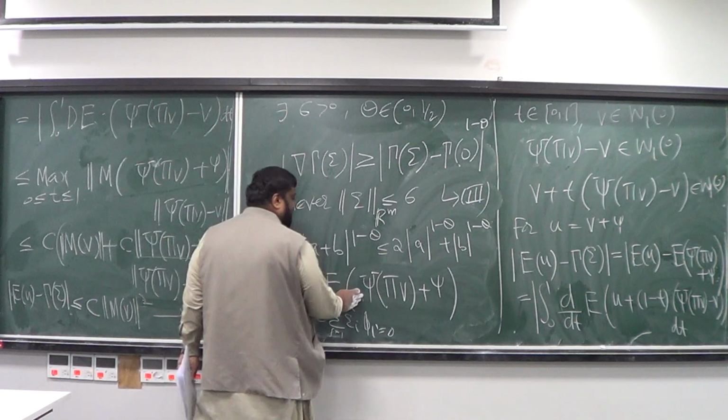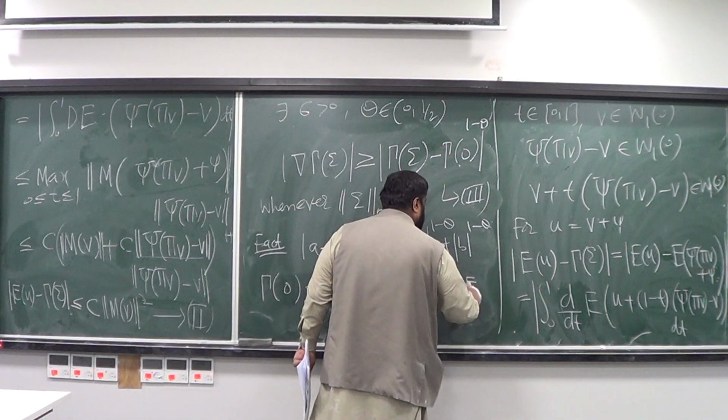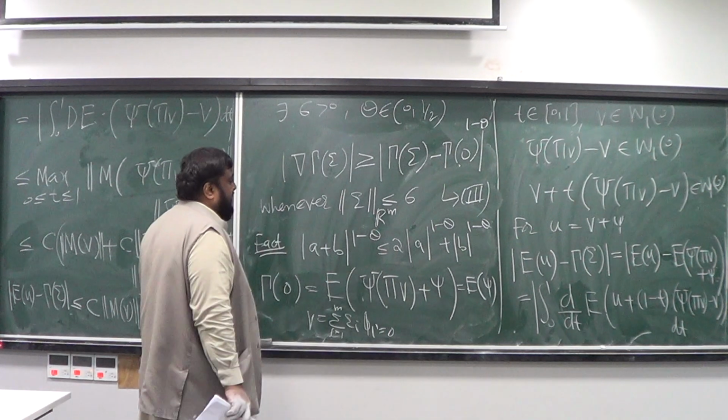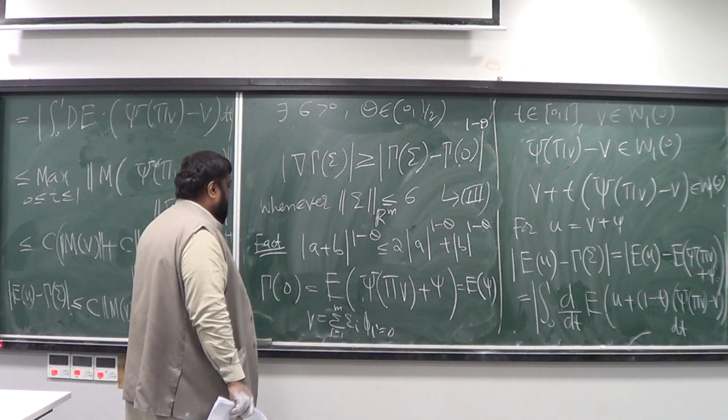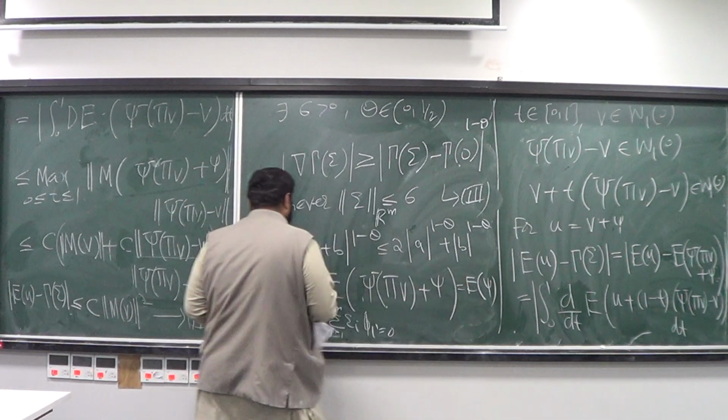Hence ψ of 0 would be 0, so this becomes E of ψ. So you can see that Γ of 0 is basically E of ψ.